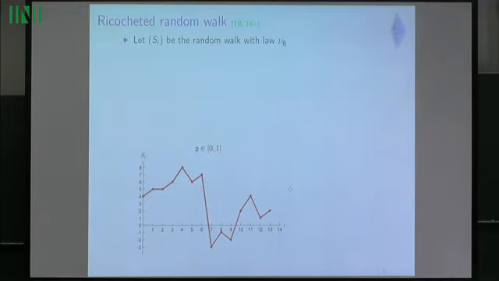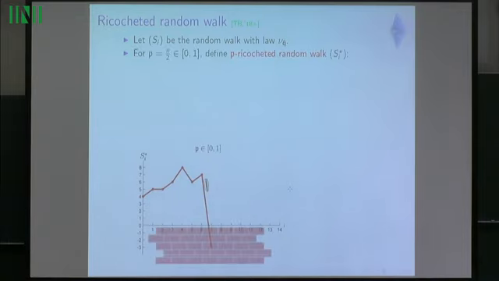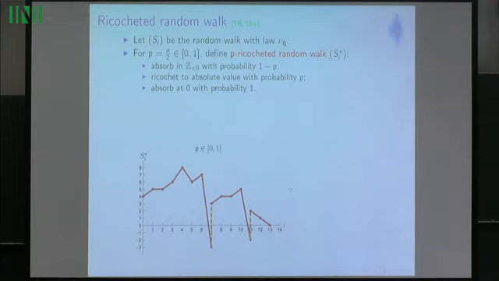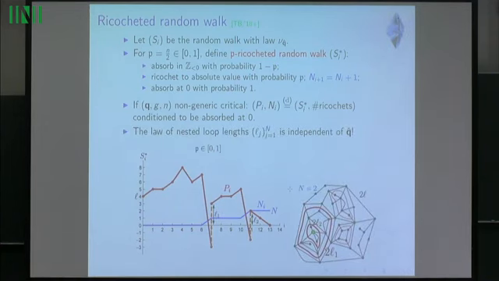But again, it can be obtained from the same random walk S, now associated to the law of q hat, by some kind of h-transform. But now the boundary conditions are slightly different. So let me not go into these details given the limited time.